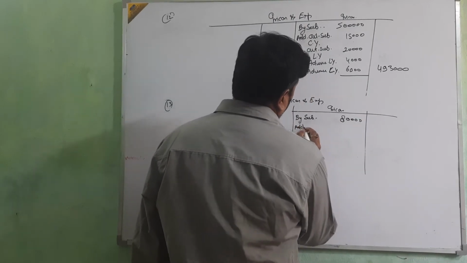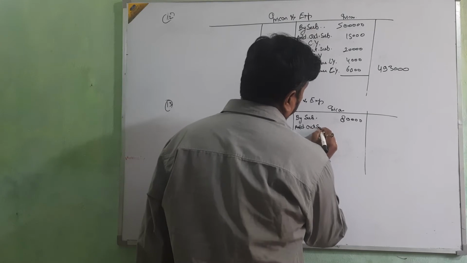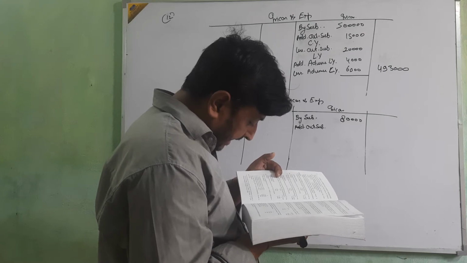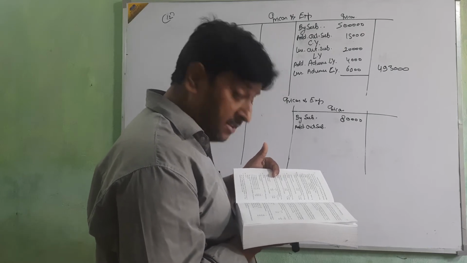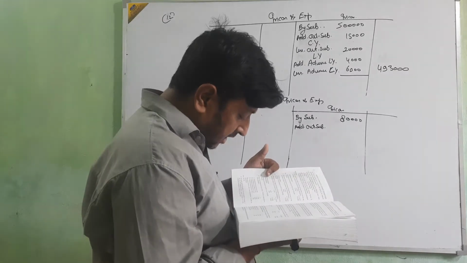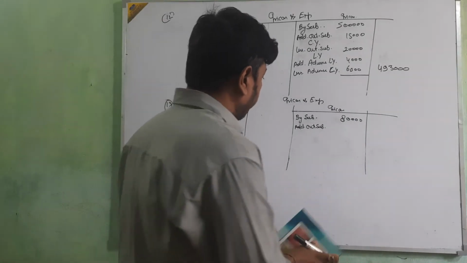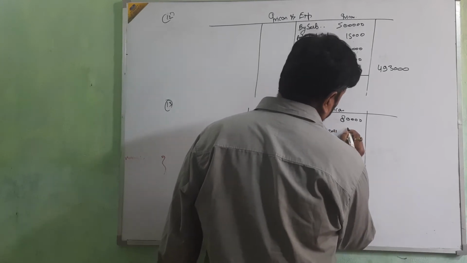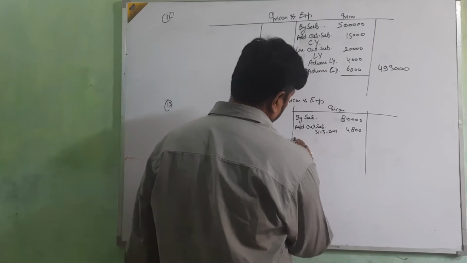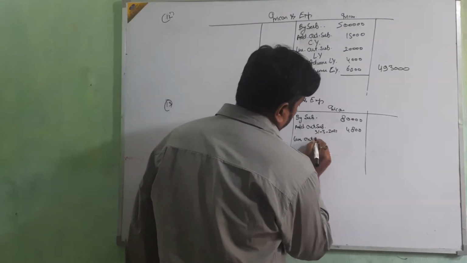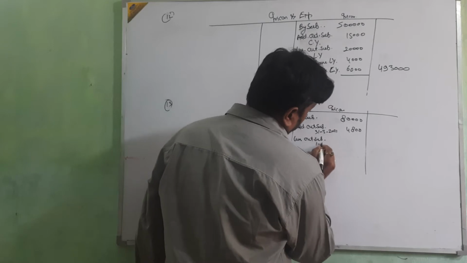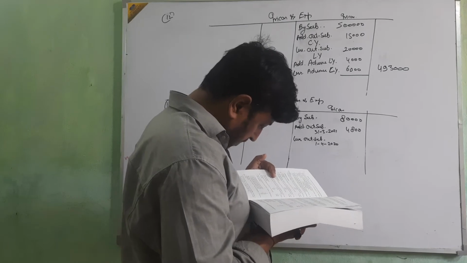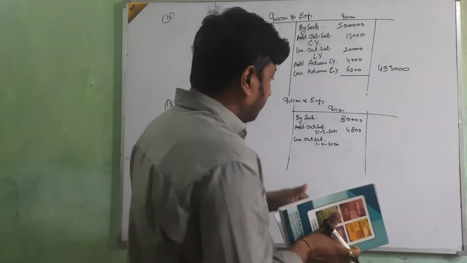Then again add outstanding subscription for current year, 31/3/2021, 4,800. Then less outstanding subscription 1/4/2020, 5,200.